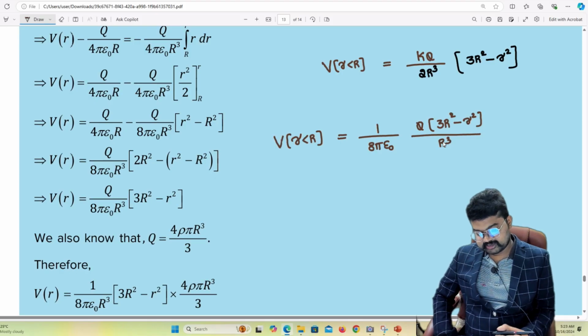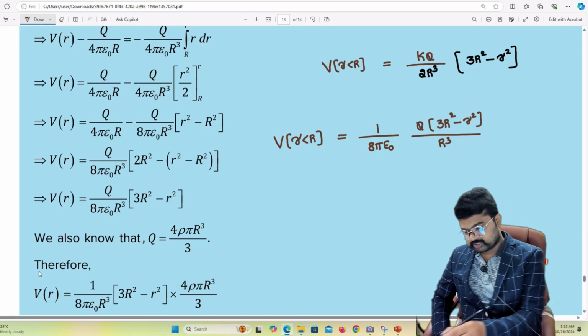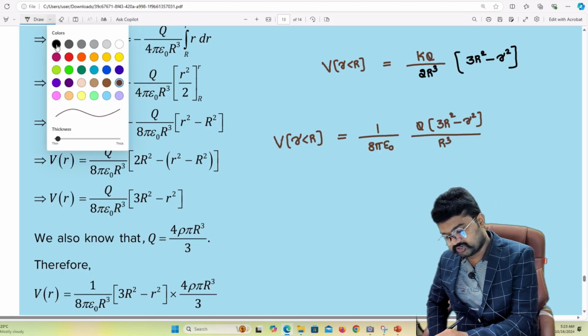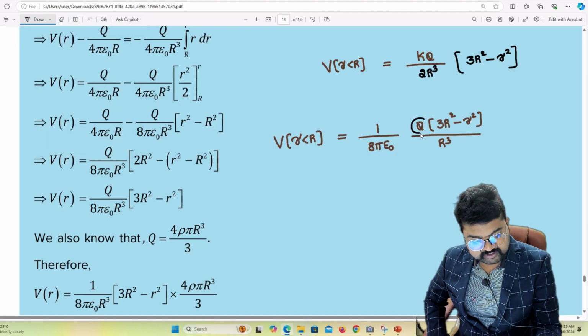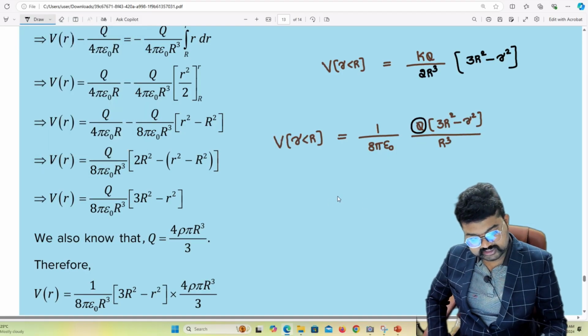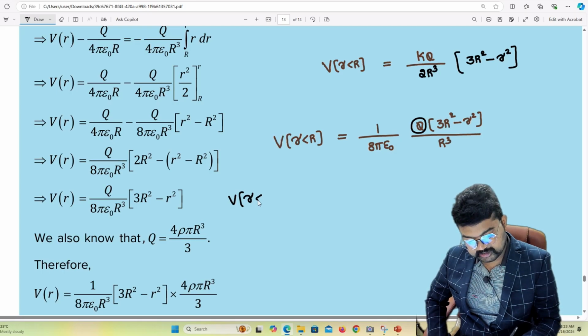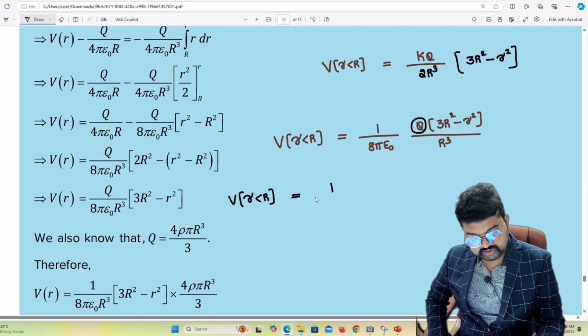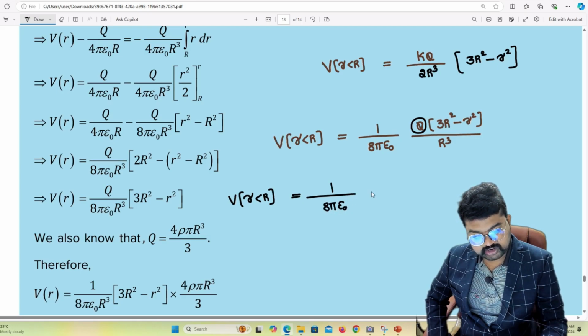Understood? Same thing. Now if you want to substitute in place of q, V of r less than R is equal to 1 by 8 pi epsilon naught.